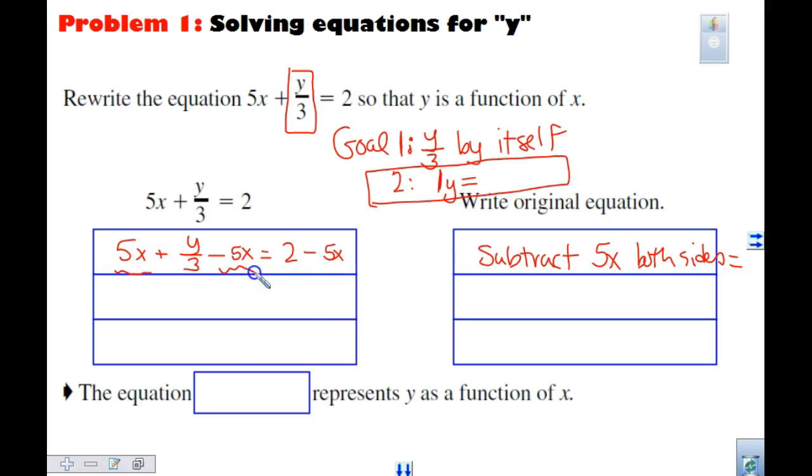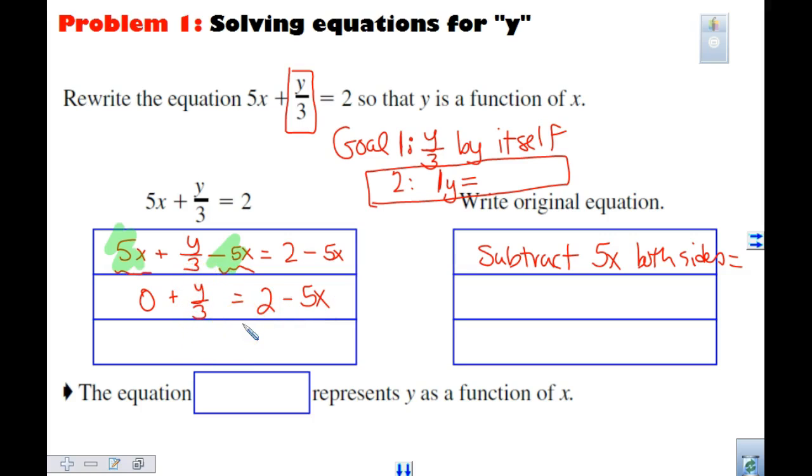So when I add this 5x and this minus 5x, that is now a 0. So I could put 0 plus y divided by 3 equals. We can't add those, so we're going to leave it as 2 minus 5x. And now I have y divided by 3.